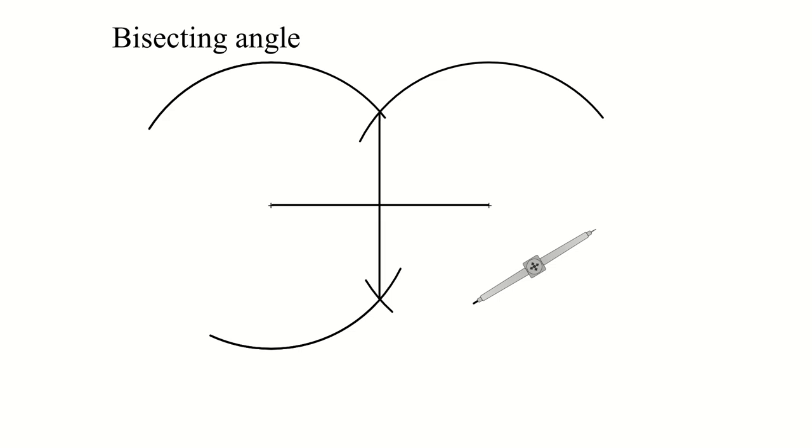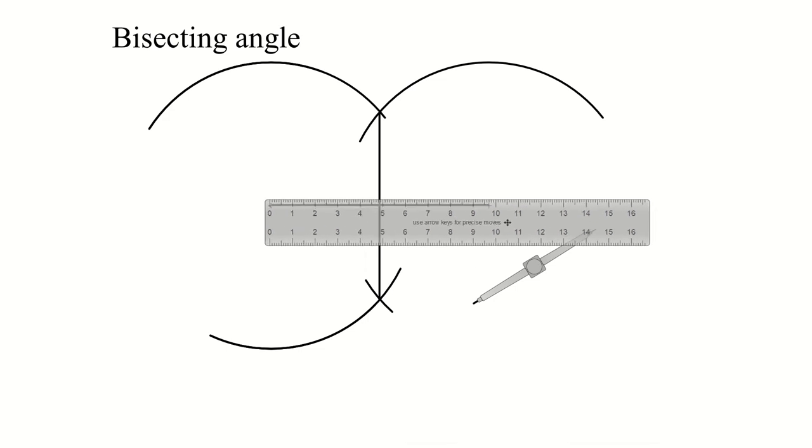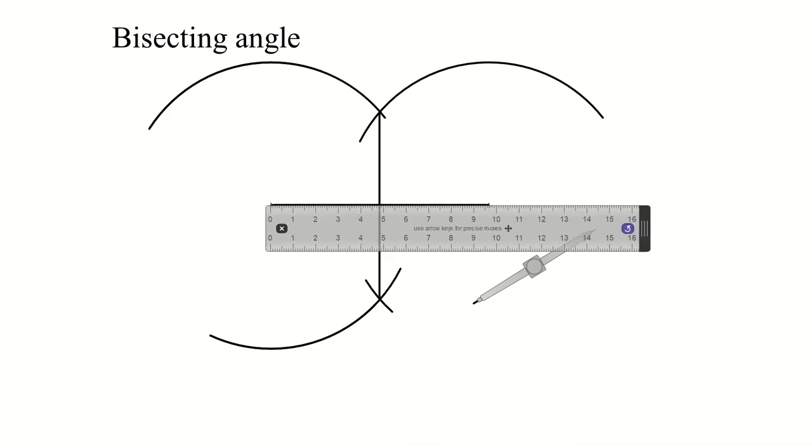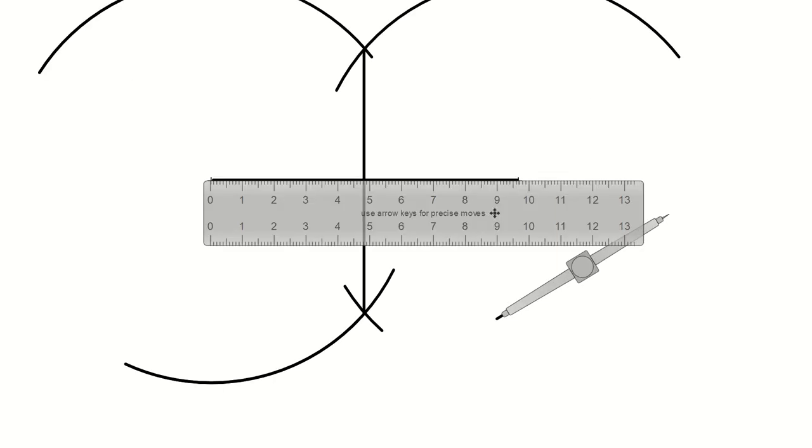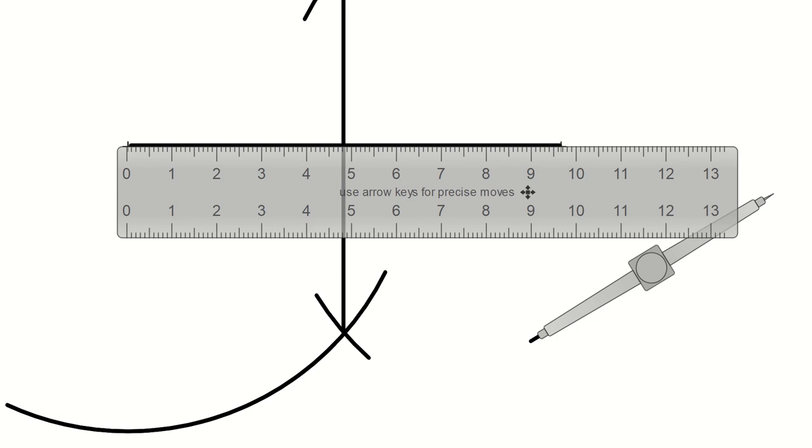Right? If we were to take our ruler and measure this from 0 to, let's zoom it in, this is 9.7. It is actually half of that, right? 9.7 divided by 2 is 4.85, and that is exactly where this intersected. 4.85.